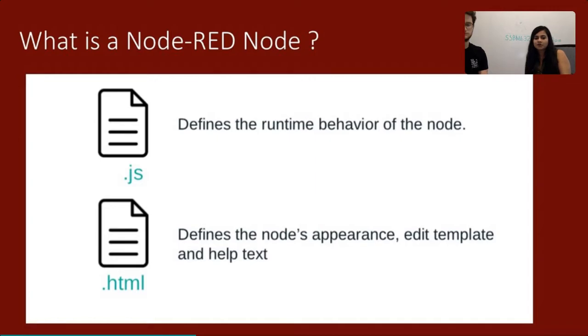These nodes are pretty simple because they're created in Node-RED as you have the Node.js file, where you can put the functionality of the node you want to create, as well as the HTML file, where you can put in what inputs you want for the node, what you want the node to look like, and also what you want the node to pass through. So that's basically what a Node-RED node is.